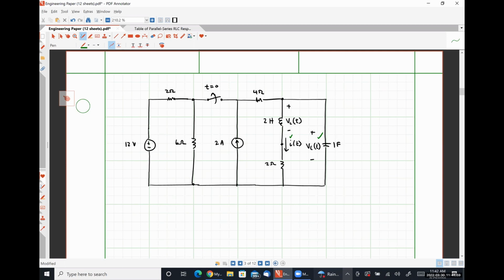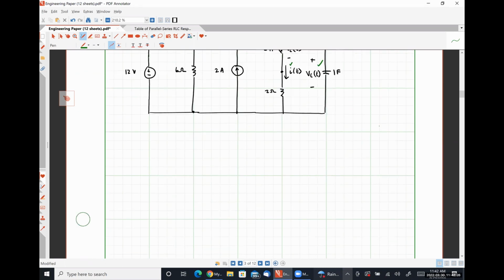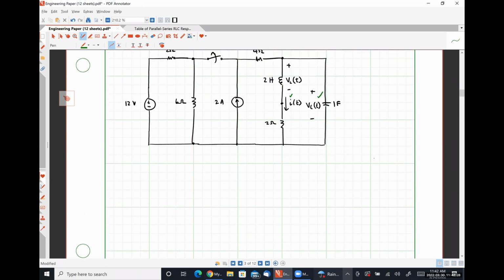And to facilitate that, we are going to look at a dead network representation of our circuit during the transient condition. During the transient condition here means after this switch has opened up.